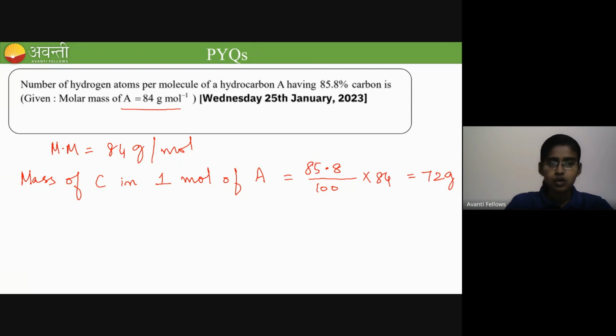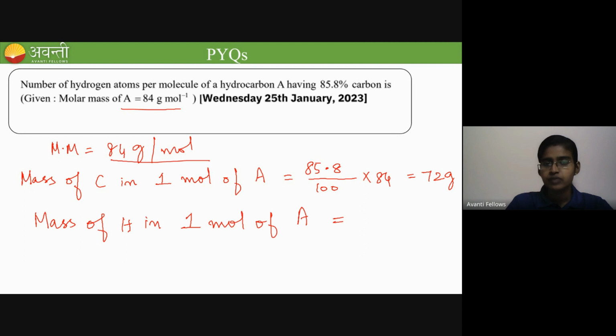Okay. Now, to find out the mass of hydrogen in 1 mole of A, the total mass is 84. If we subtract the mass of carbon from 84, we will get the mass of hydrogen, right? It is 12 gram.